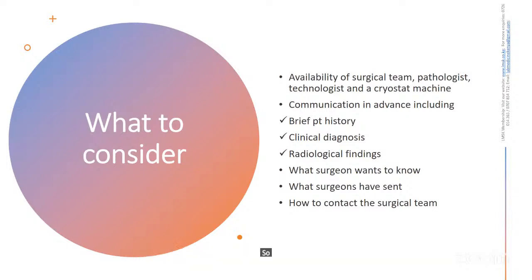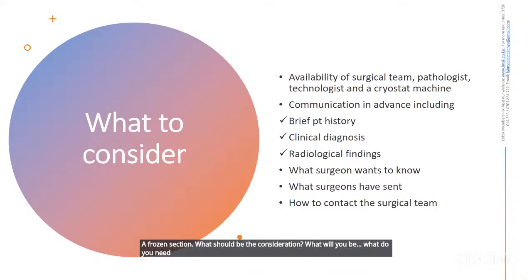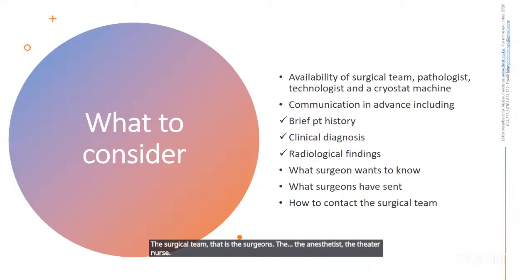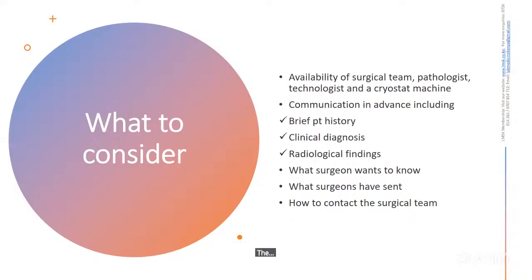So when you are thinking of a frozen section, what should be the consideration? What do you need to consider first? The availability of the surgical team. The surgical team, that is the surgeons, the anesthetist, the theater nurse, the porter who will be able to deliver the sample.